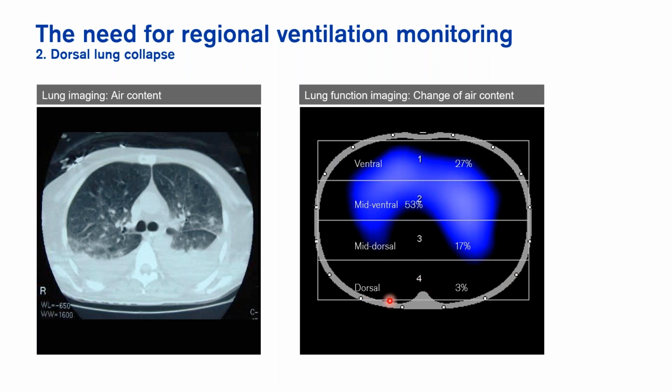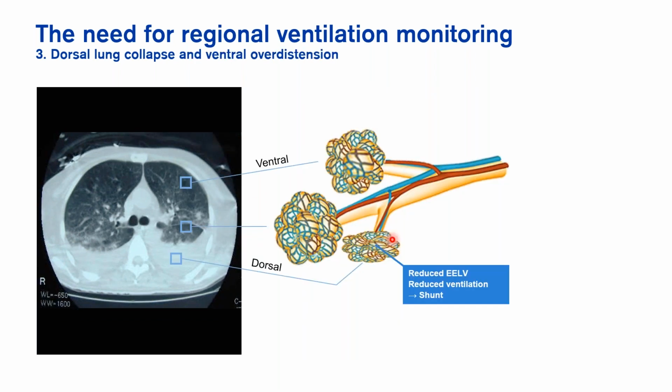So, of course, that could mean that our region of interest is not set up appropriately, but it can also mean that there is no ventilation in the dorsal area, which is associated with atelectasis. So we're still comparable to the CT scan and the EIT.